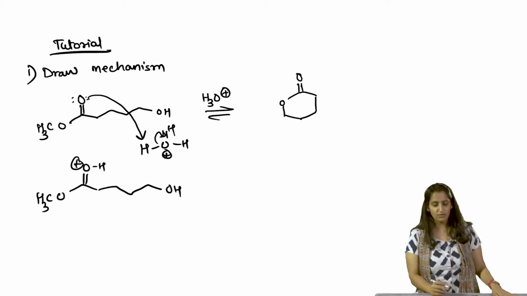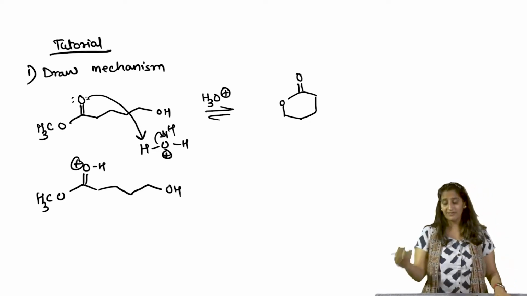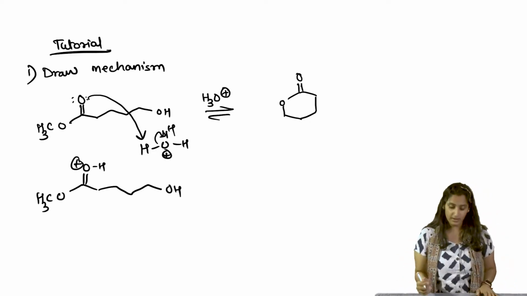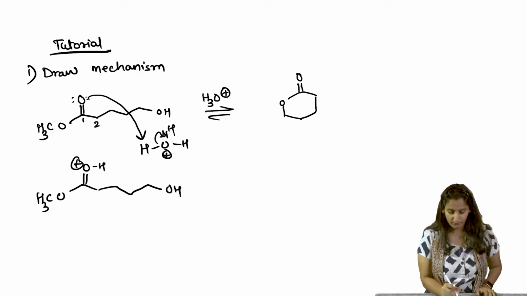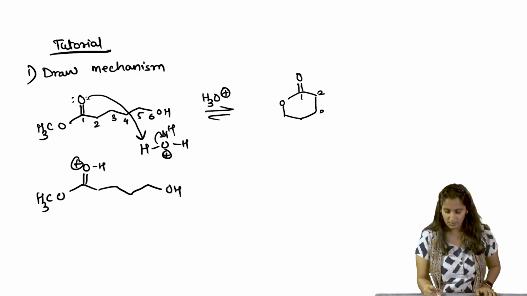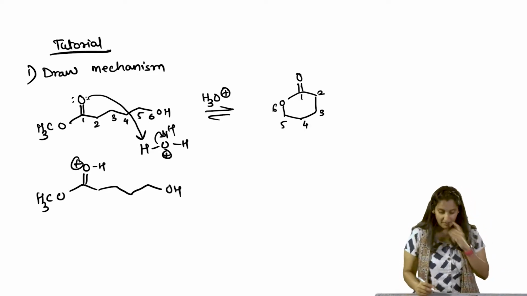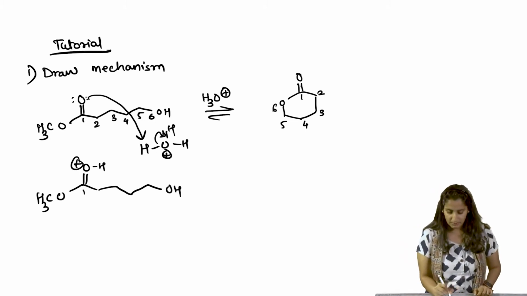Now, remember that we want to form this 6-membered ring, and whenever we are writing a mechanism, it is always good to write down the numbers on your molecule. So, I see 1, 2, 3, 4, 5 and 6, and the 6th is the oxygen which is going to come and attack carbon number 1, and that is my carbon number 1 here.